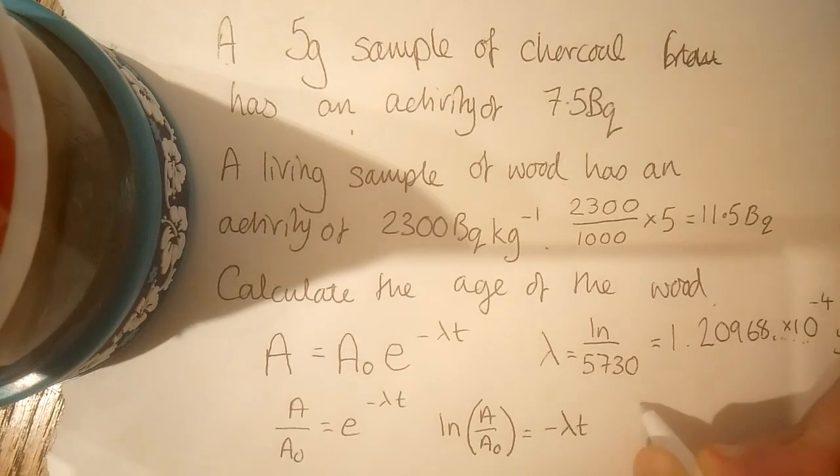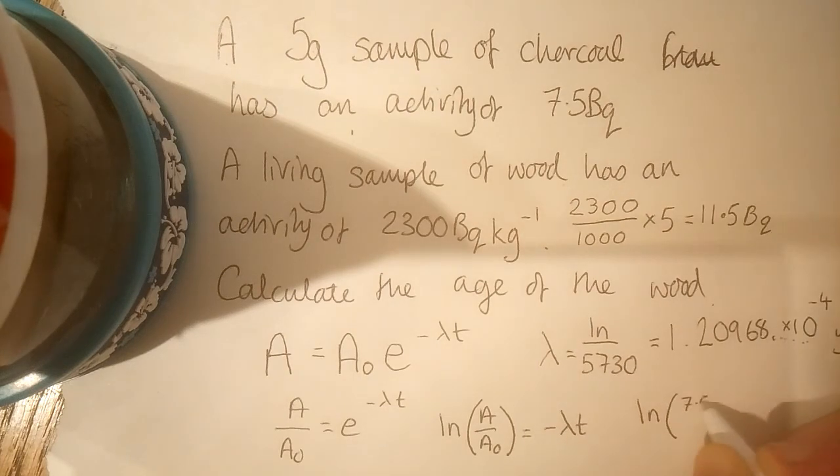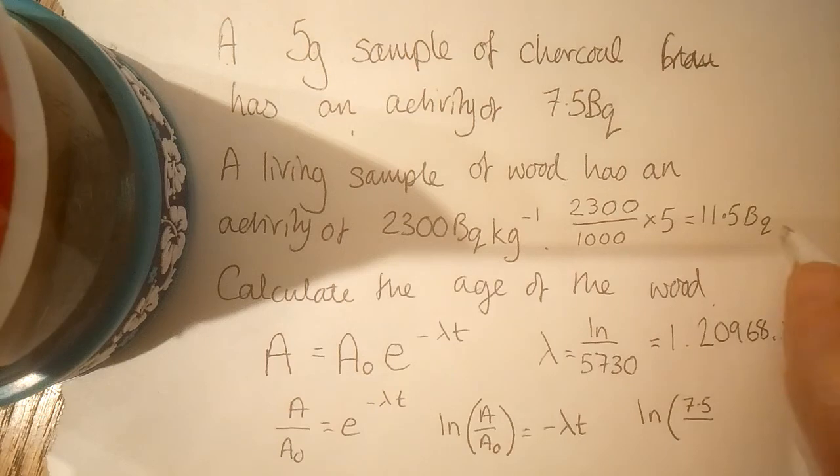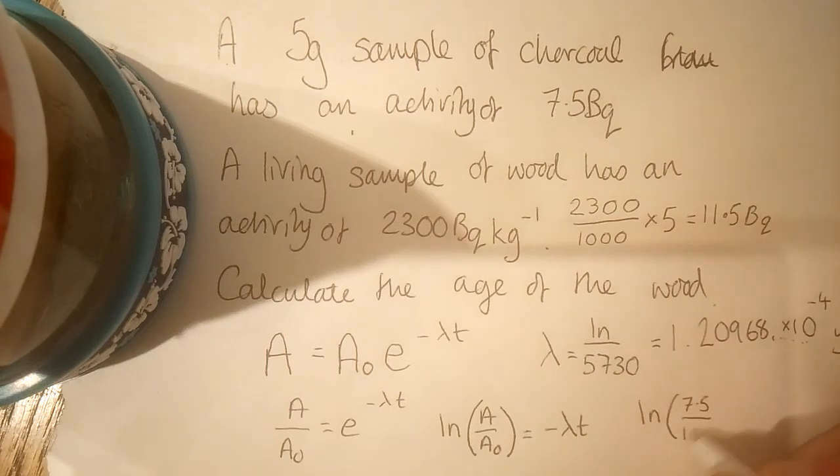So now we put in our numbers. We've got our activity, I'm using the 7.5 becquerels, it tells me in the question. The original activity, I'm using that 11.5 that I found from calculating the comparative activity if the wood was a living sample.